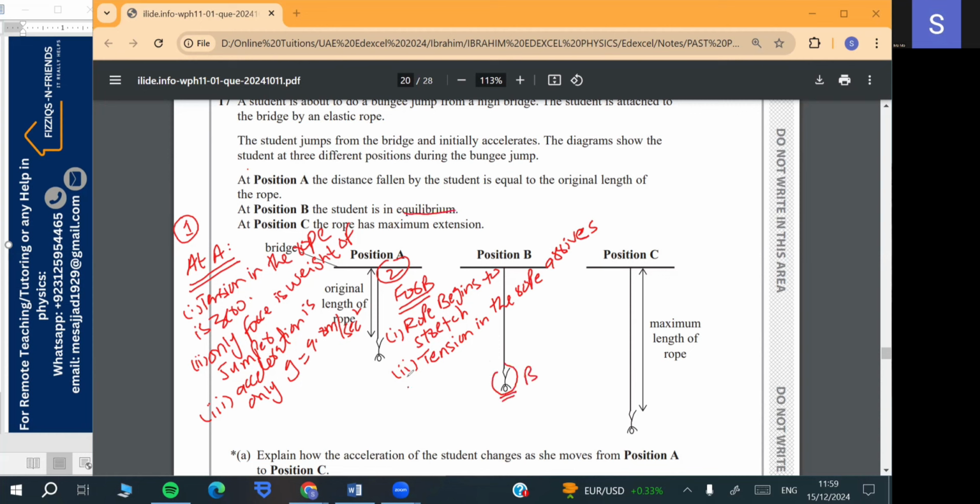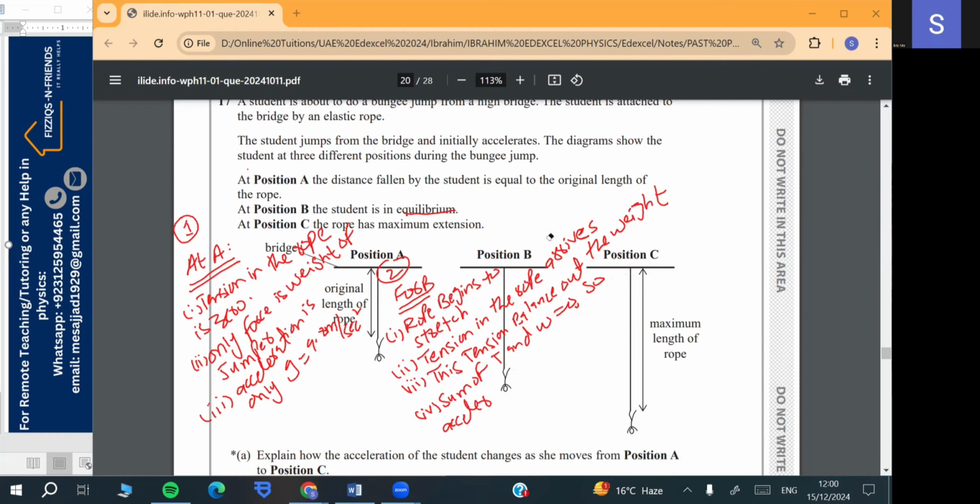At B, this tension balances out the weight. And when these two balance, the sum of forces acting on the body is 0. What should be the acceleration? When the sum of forces acting on the body is 0, it means acceleration is 0. So acceleration is 0 as well. Okay, now what about C?